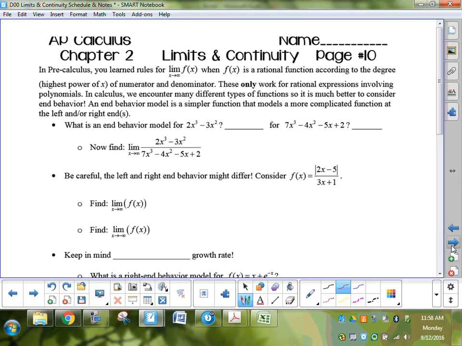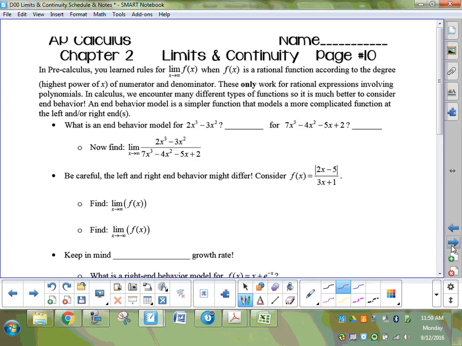In calculus, we're going to encounter a lot of different types of expressions. You've got to be able to go through and consider the end behavior. It's simpler, and it makes you look at the function. What's happening when I get really, really big in terms of the numerator, then the denominator, and then the function as a whole? The end behavior model of these is going to be what's driving the behavior. Now, the end behavior model for this is the term of highest degree.